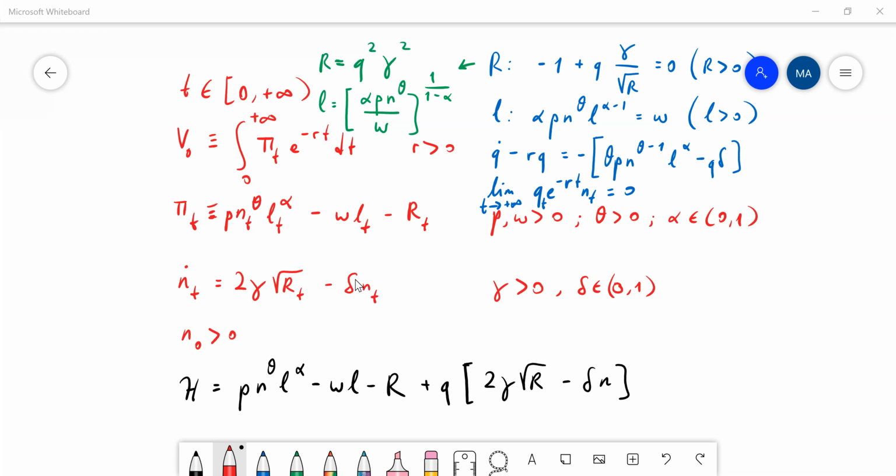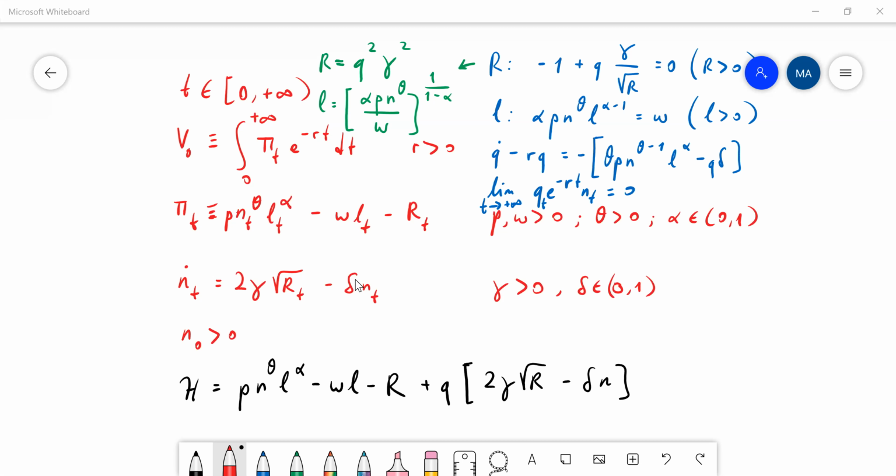So in time, new innovations in other sectors may make your technology obsolete, okay? But delta could be 0, you can still solve this problem, okay?